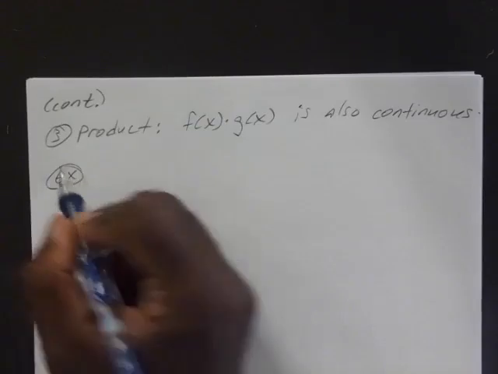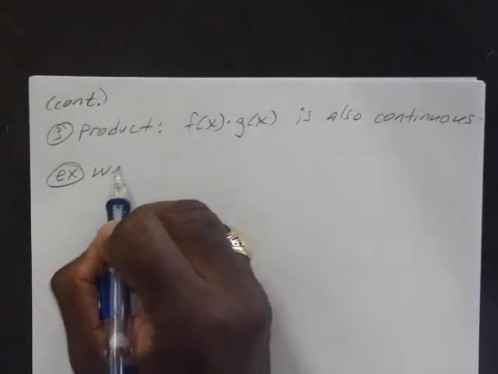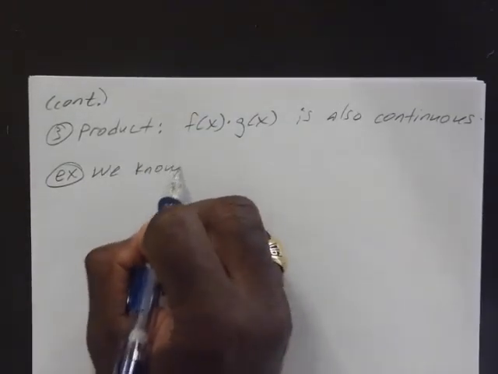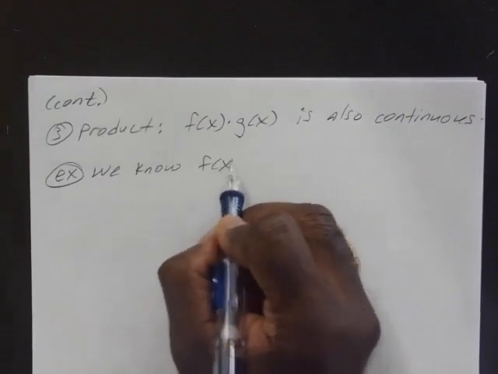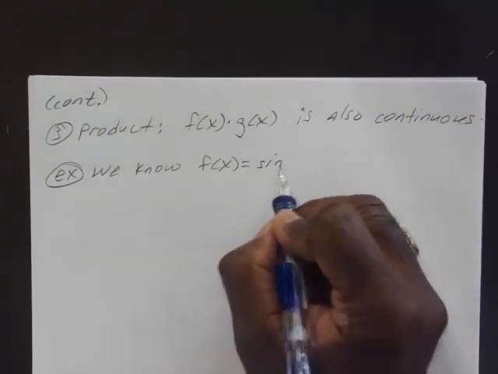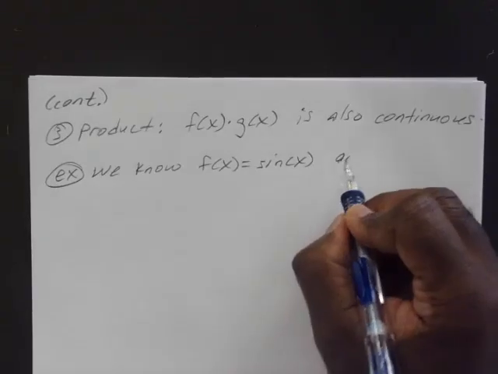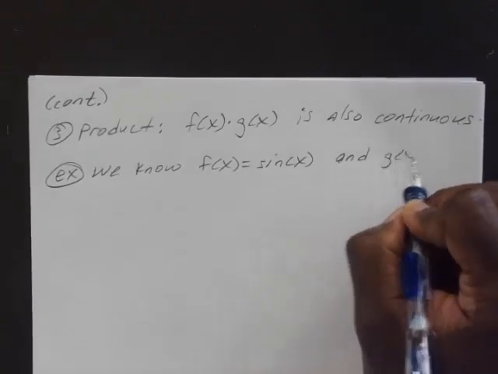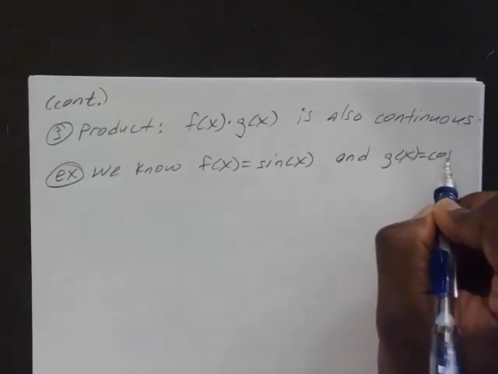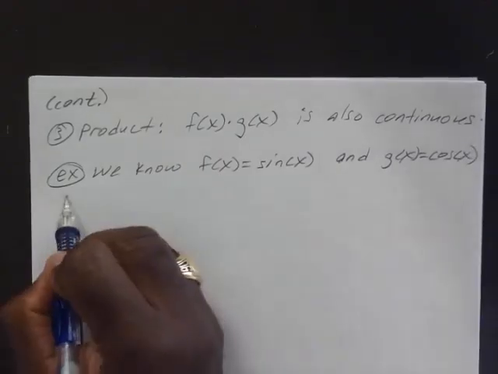Okay, so for example, again, we know that f of x equals sine of x, and g of x equals cosine of x are both continuous.